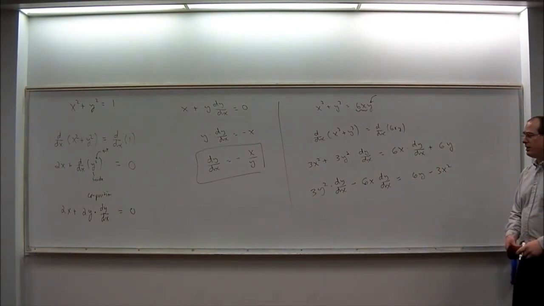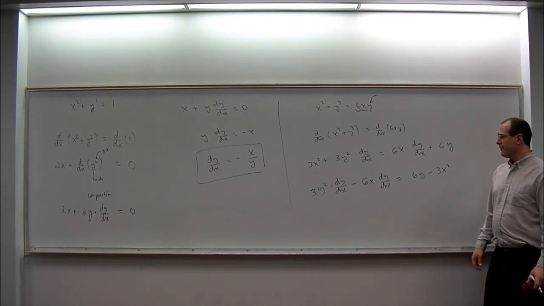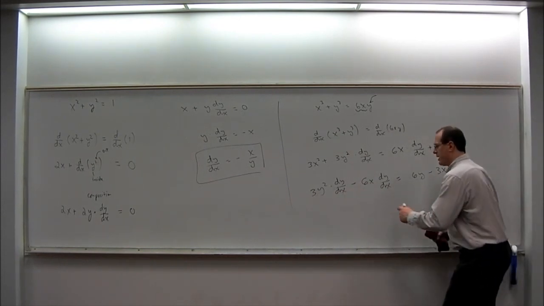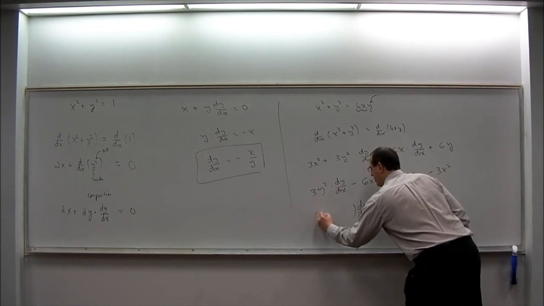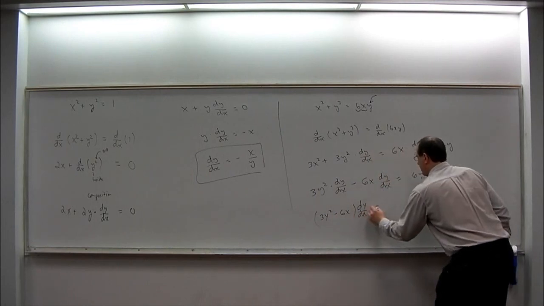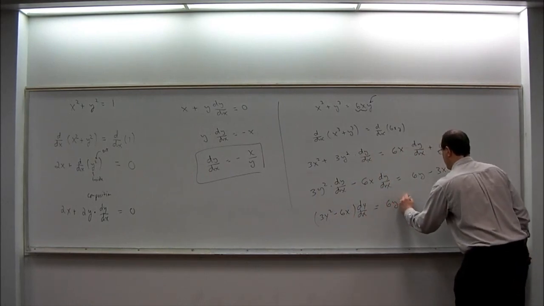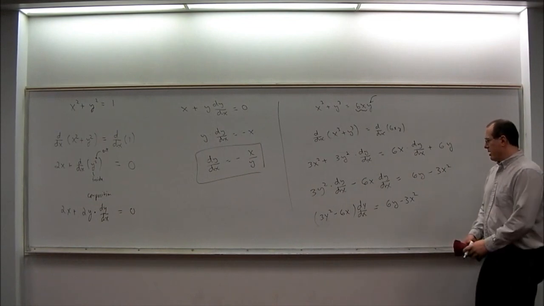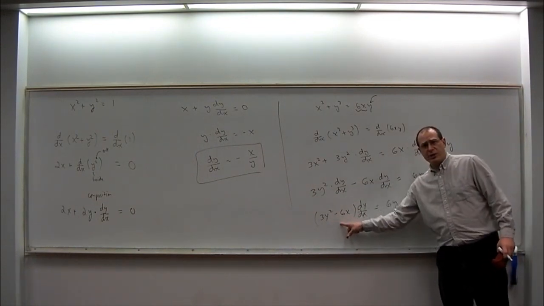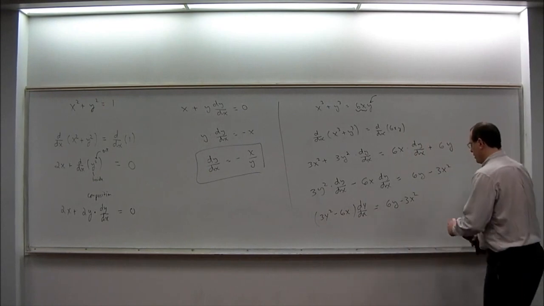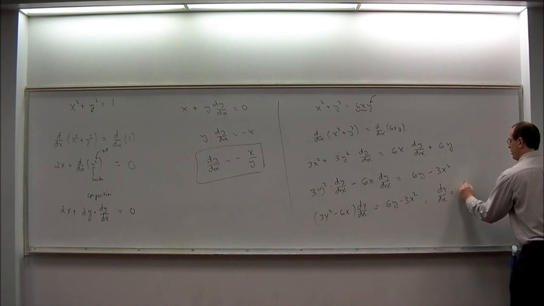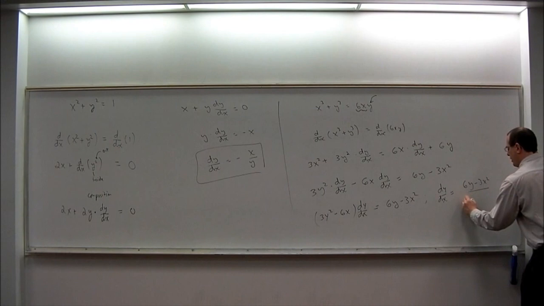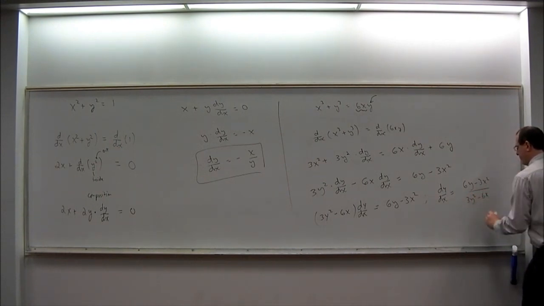I am algebraically here solving for dy/dx. And to finish it off, we will factor dy/dx out on the left side here. dy/dx times (3y squared minus 6x) is equal to 6y minus 3x squared. And then we divide by the coefficient of dy/dx that you see in the parentheses, so that dy/dx is equal to (6y minus 3x squared) divided by (3y squared minus 6x).